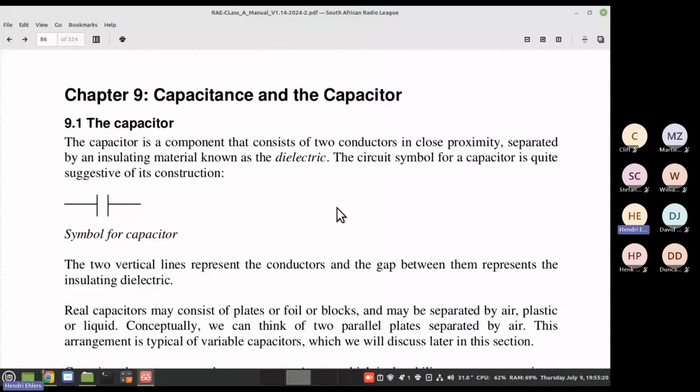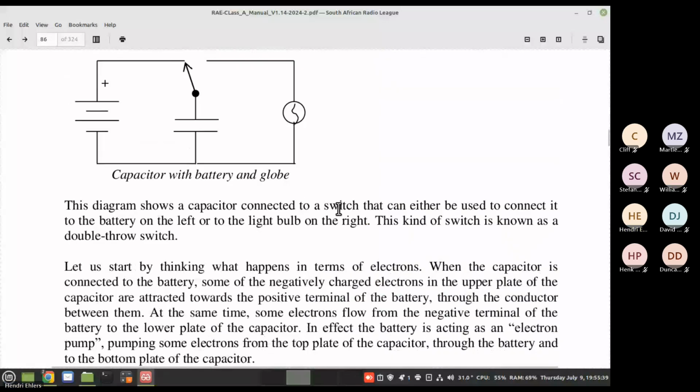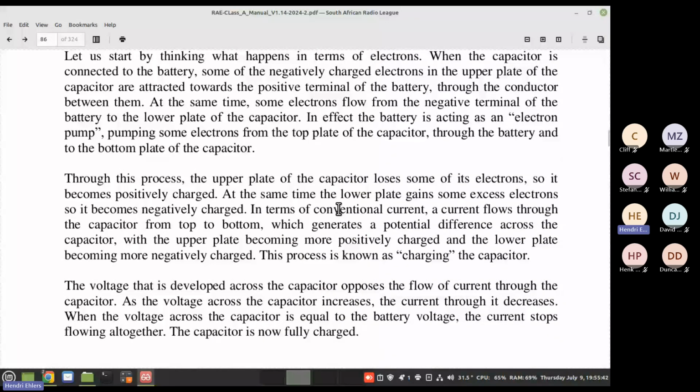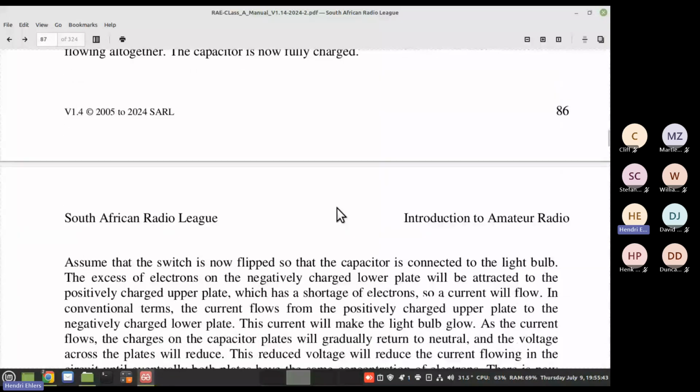Right, now next week, is it next week? Where are we now? Thursday. Next week, we're going to do capacitors. And Almira, unfortunately, has got other appointments, and he asked somebody to do his presentation.